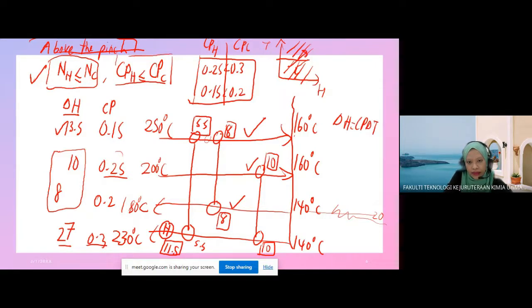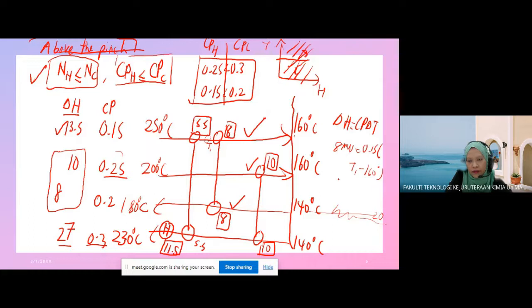So delta H here is 8 megawatt. The CP value is 0.15, right? And delta T is T1 minus 160.